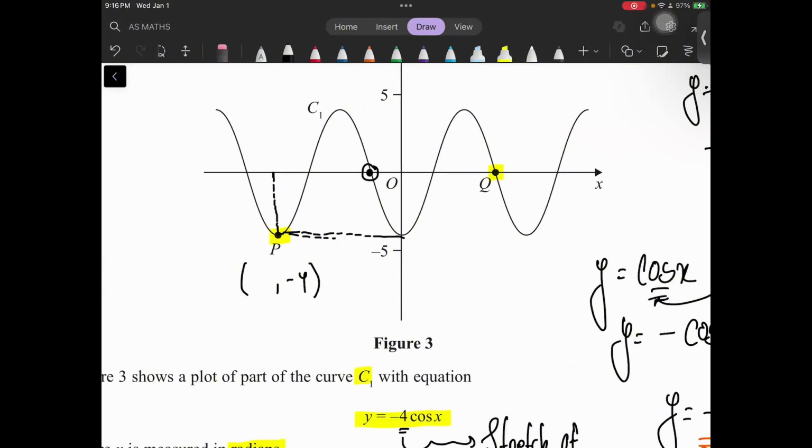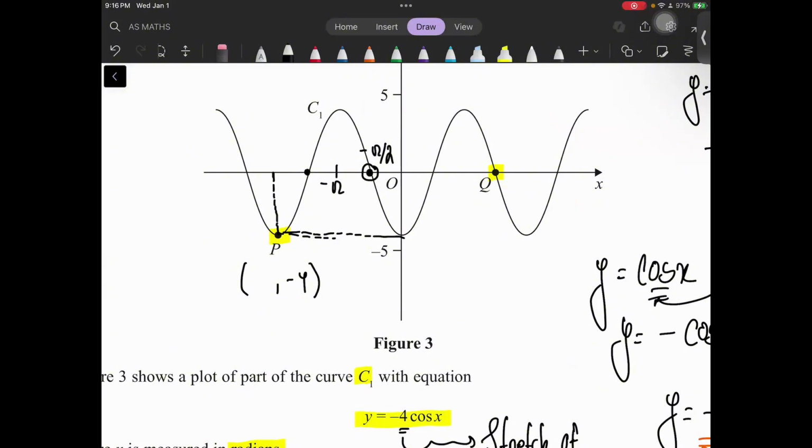So this is going to be pi by 2. Cos 180, or cos pi, is equal to minus 1. Then cos 270 is going to be equal to 0.